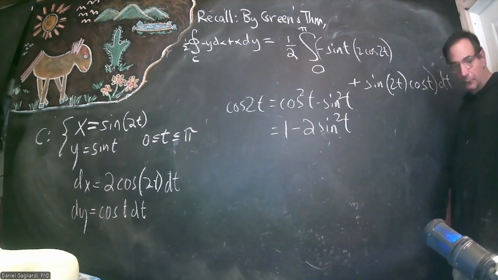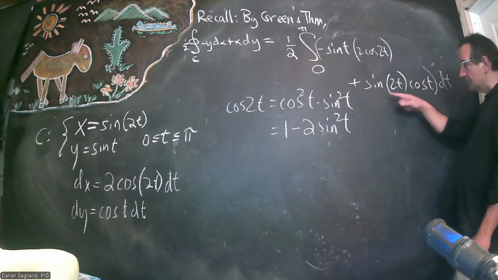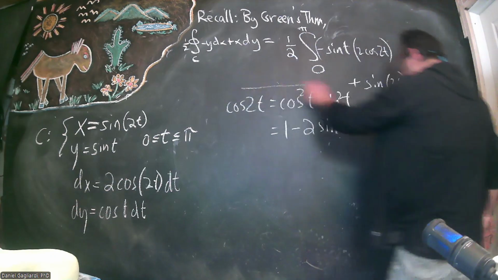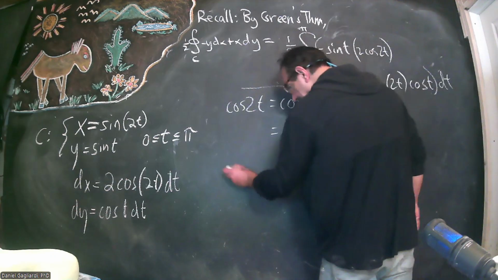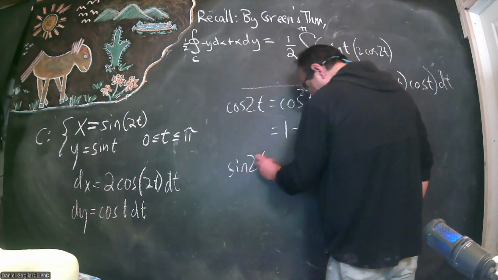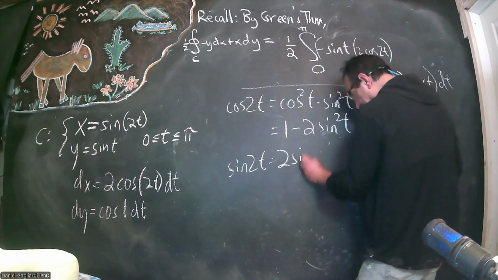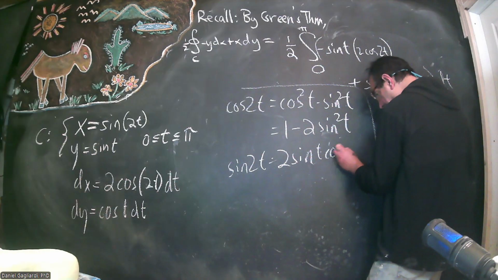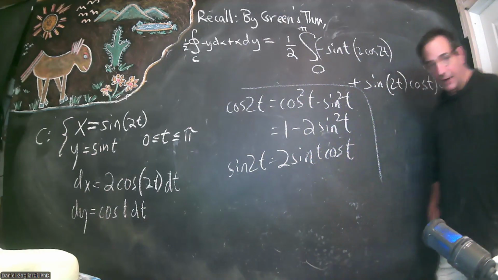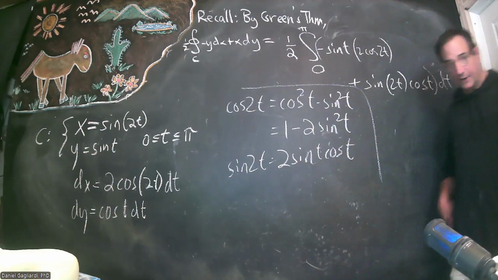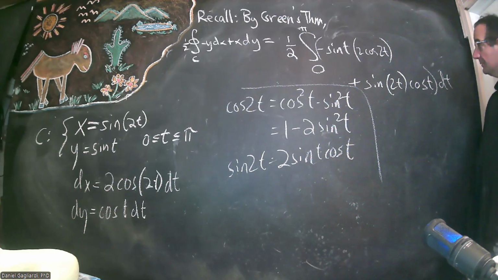Let's go with that. And then, of course, sine of 2t, this is all scrap paper here, you may recall, is equal to 2 times sine of t cosine of t. If I give you a problem like this on the final, I'll give you the trig identity, so you don't have to memorize those.